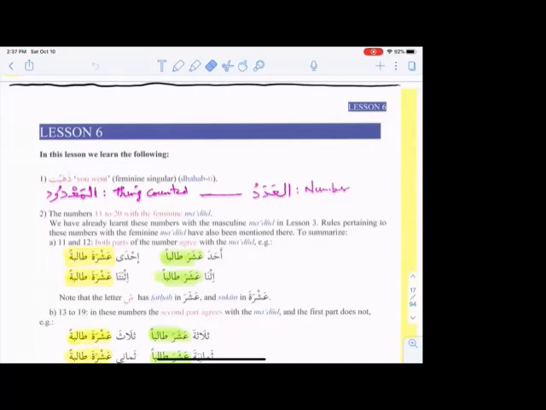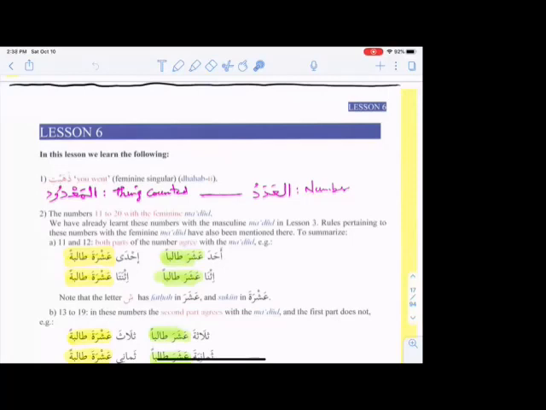So I go to the key. This is the key, my brother and sister. It says here, Zahabti, number 1. Number 1, Zahabti. You went, feminine singular. Fine, we know that, inshallah.